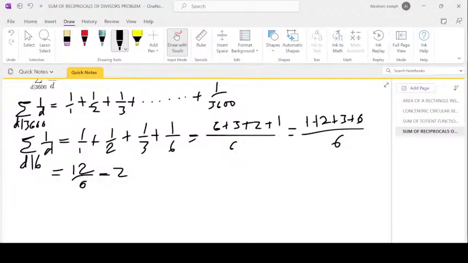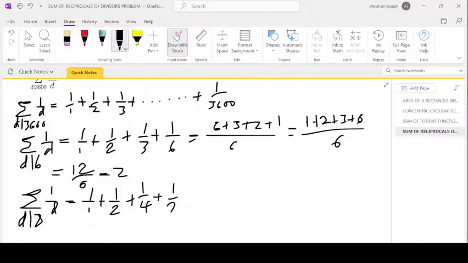So let's say the sum of the reciprocals of the divisors of 8. Remember, our goal is not to prove; our goal is just to help you solve maths in a very fun and amazing way. So 1 over 1 plus 1 over 2, another divisor of 8, plus 1 over 4 plus 1 over 8, and the LCM is 8.